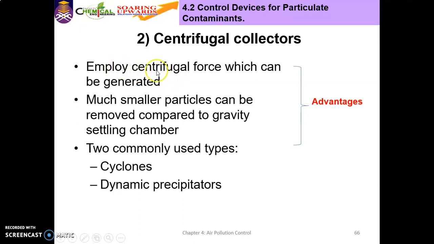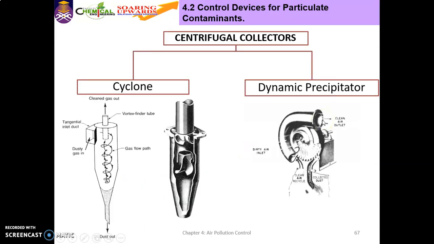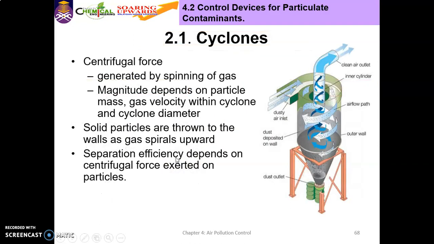Gravity is a natural force, but centrifugal force must be generated, and much smaller particles can be removed as compared to the gravitational settling chamber. The two commonly used types are cyclone and also dynamic precipitator. This is how they look, cyclone, and this is dynamic precipitator. Both use centrifugal force.